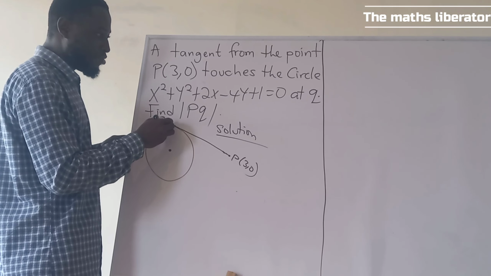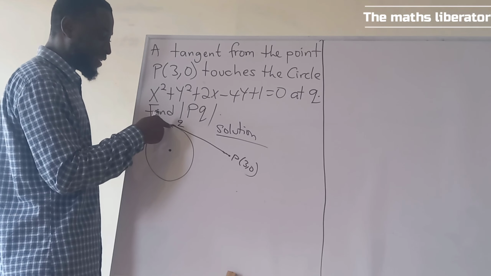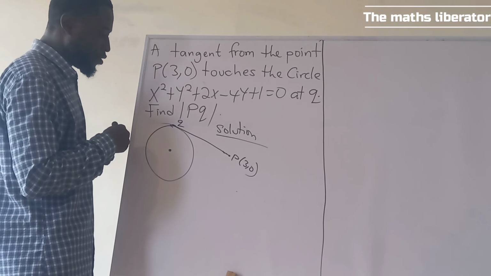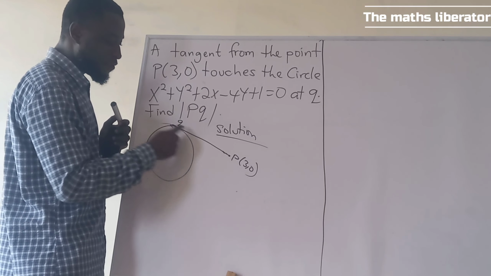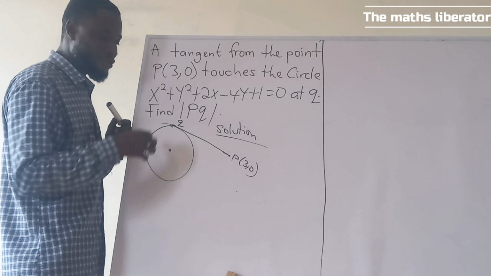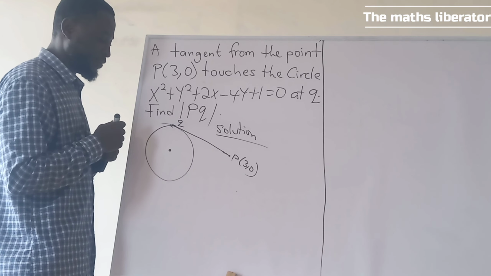And your point of tangent is Q. So we are told to find the length PQ, meaning we have to find the length of the tangent.